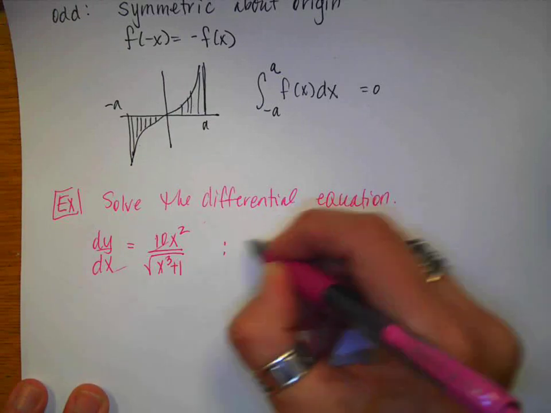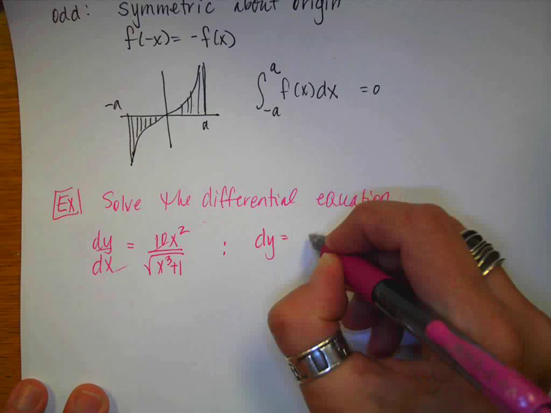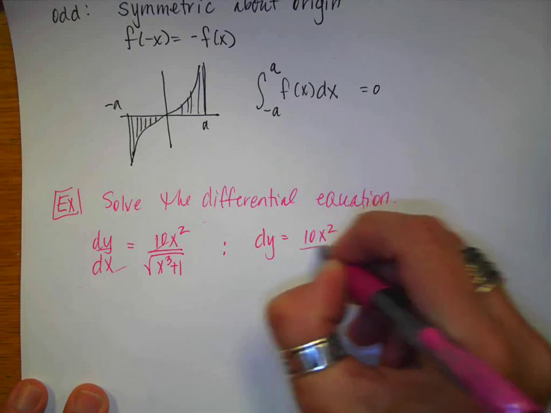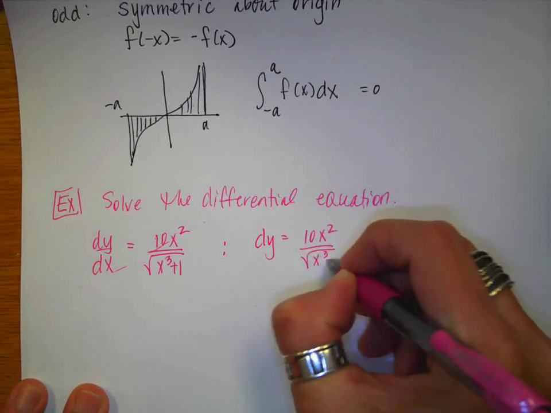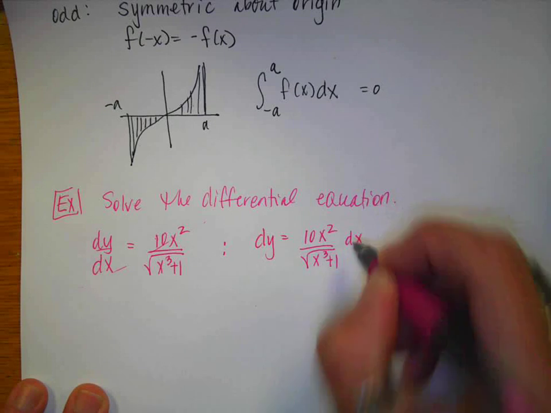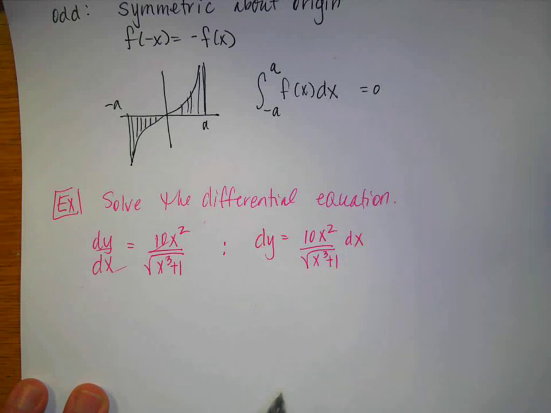So to solve the differential equation, I'm going to cross multiply. So I'm going to get that dy is equal to 10x squared over the square root of x cubed plus 1 dx.